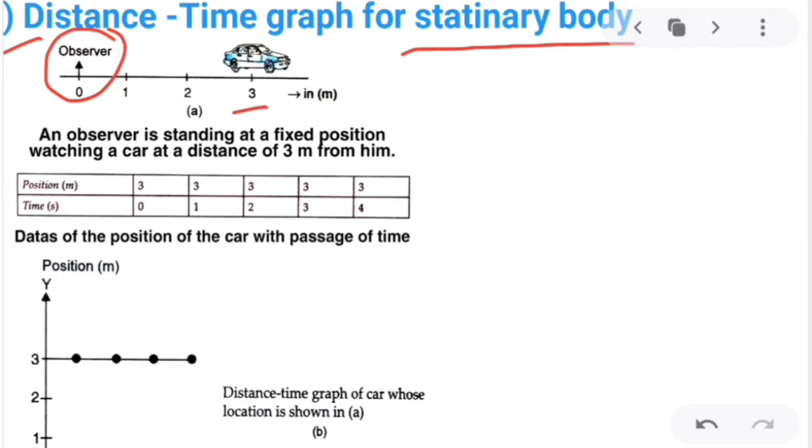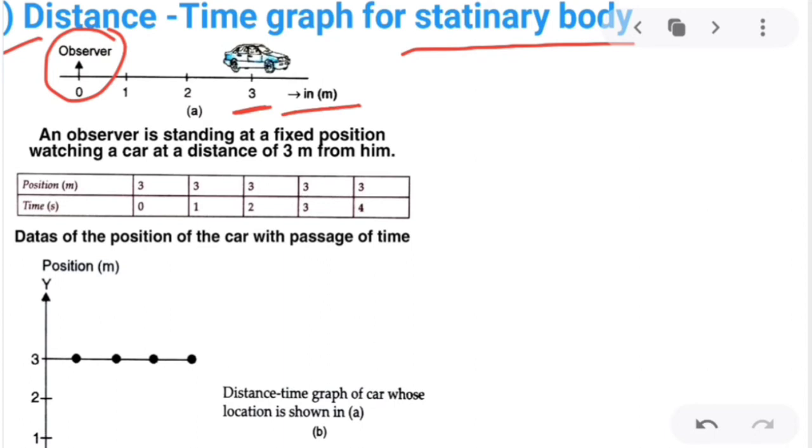He observed that the car is not moving as time passes, but the car remains at the same position, that is 3 meter from him.